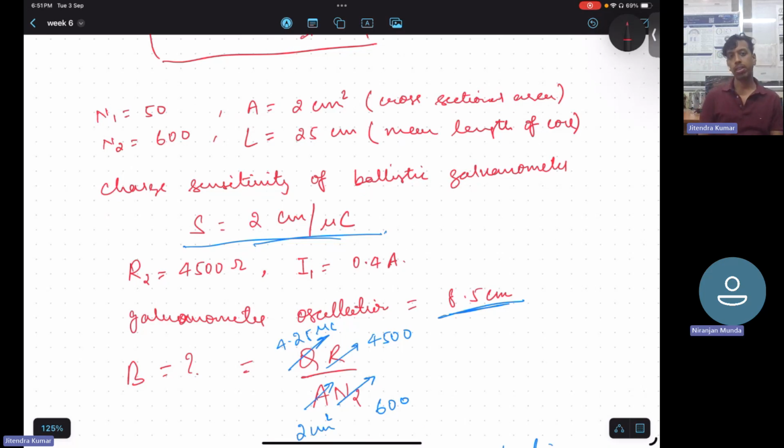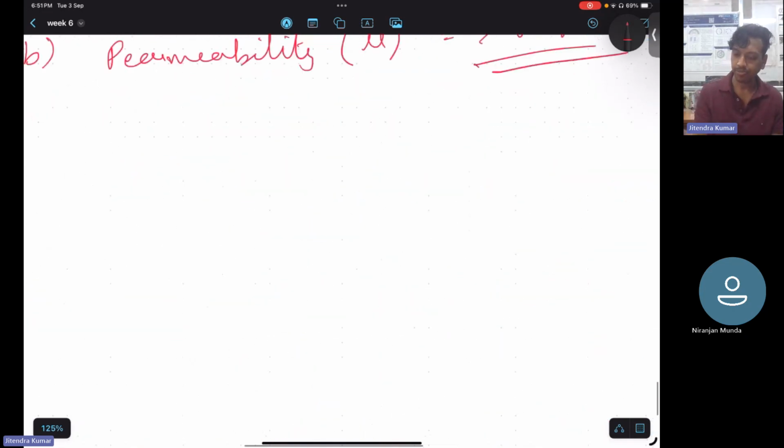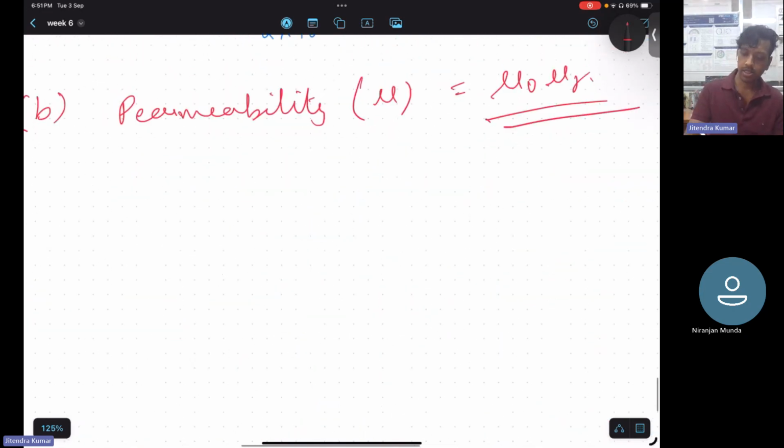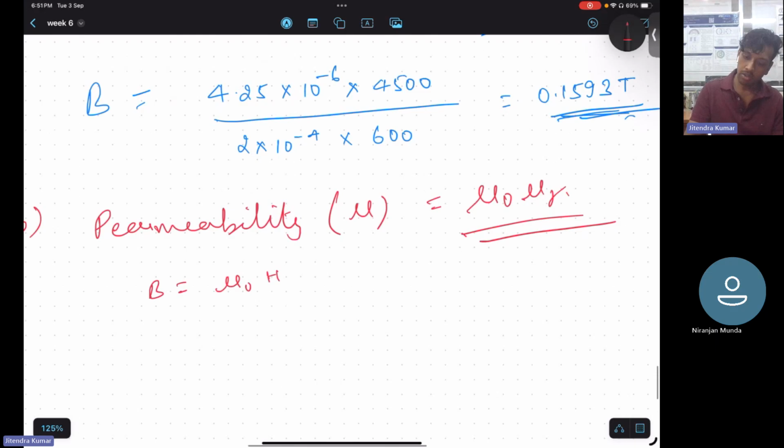We can derive the relation between B and H. Exactly, H. Excellent, excellent. So B is equal to mu H. B we already calculated, 0.159.